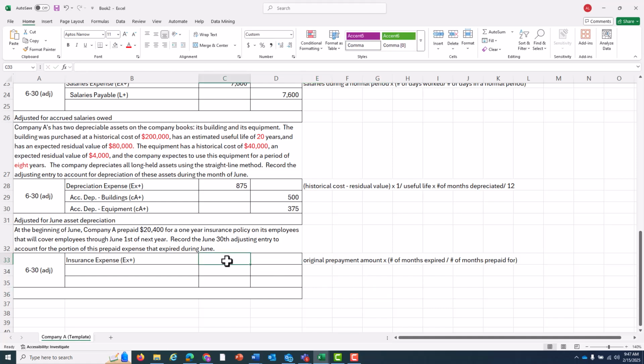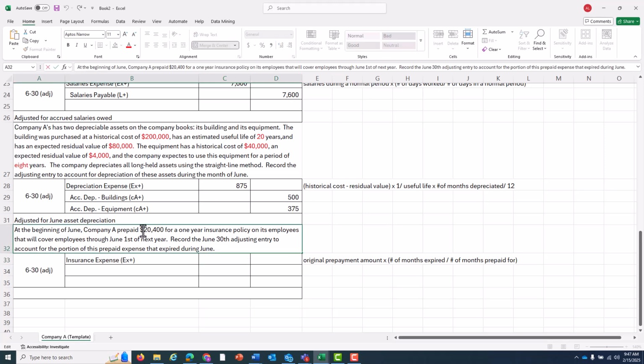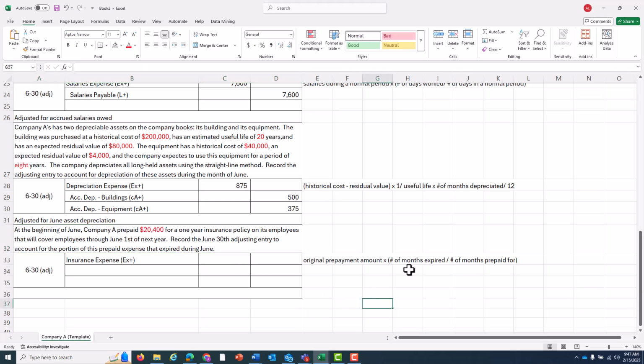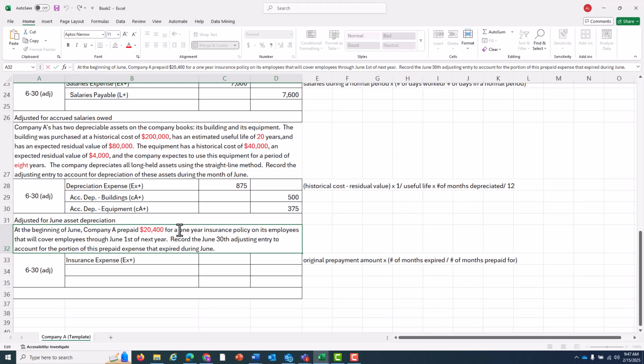So for us right here, let's find those inputs. This is a $20,400 cost that we prepaid. The length of the policy, the number of months prepaid for, was 1 year. So I have that for my formula.